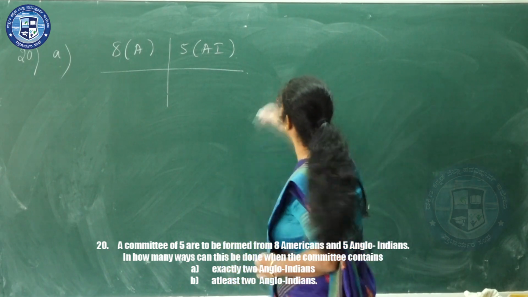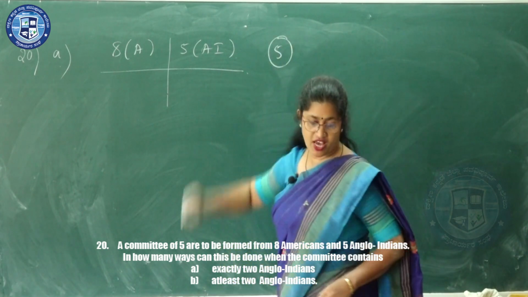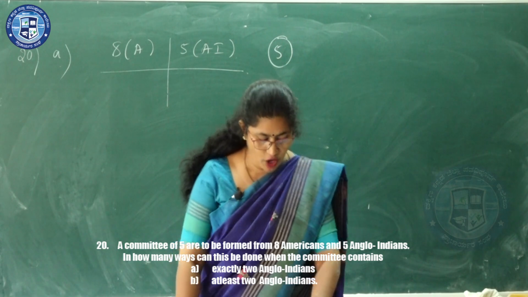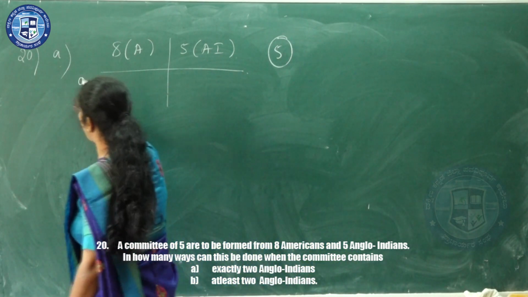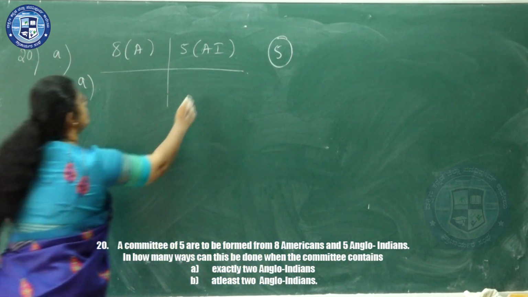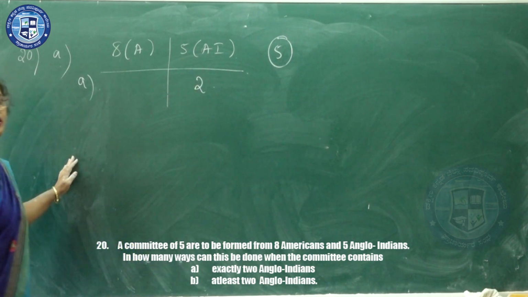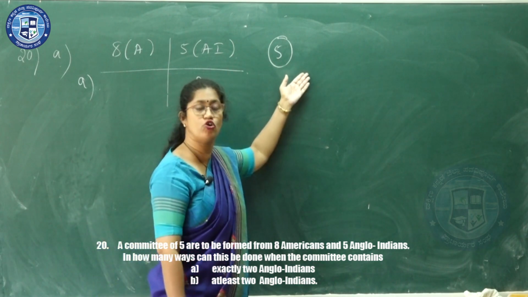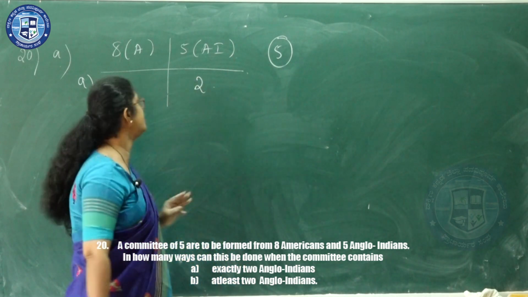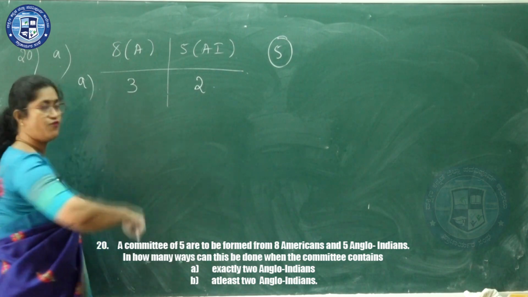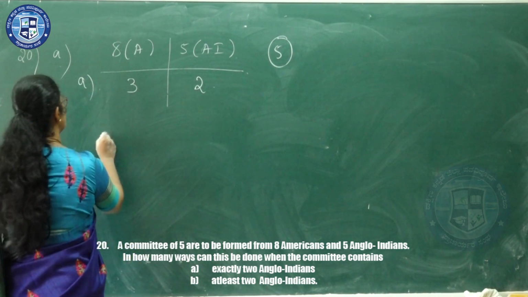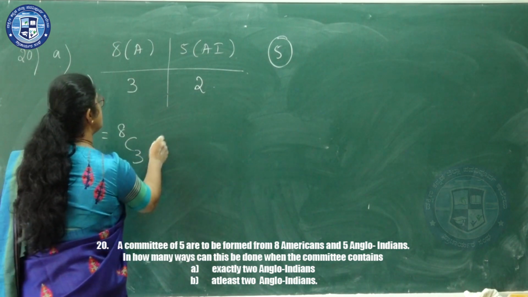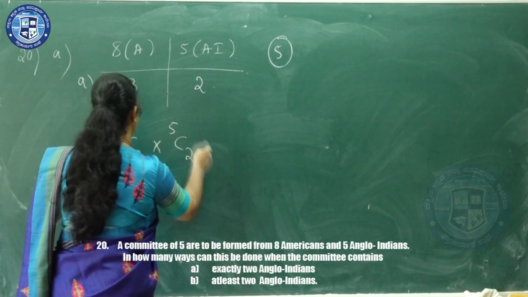You have to form a committee of 5, and the condition says, option A says, you should have exactly 2 Anglo-Indians. If you should have exactly 2 and you need a total of 5, I need 3 more, so they will be chosen from here, and then this will be equal to 8C3 into 5C2.